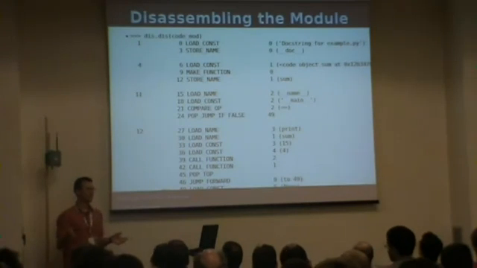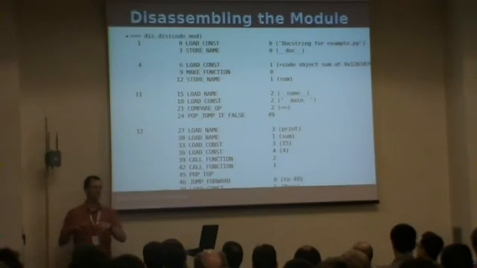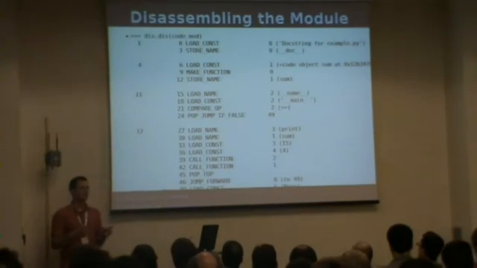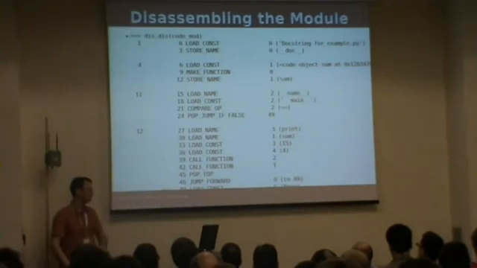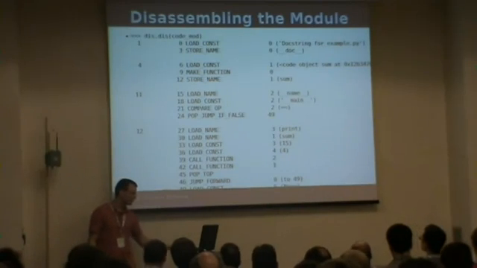Then it calls make function, which takes that code object and creates a function object out of it. It will then take that function object and store it into another variable. It's using store name now instead of store fast. There's a subtle difference there.